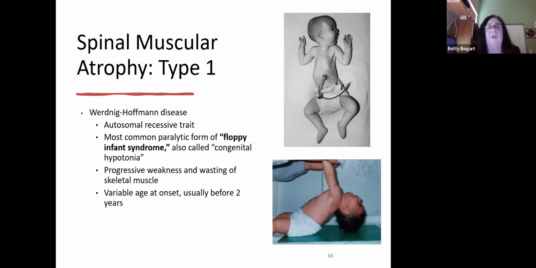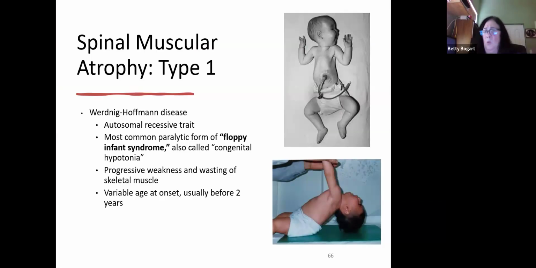Now, spinal muscular atrophy type 1. Thank goodness there aren't many of these. These children are born, and this would be a kid who never lifts his head up, never rolls over. It's called floppy infant syndrome. Even what they're born with becomes even less, with skeletal wasting.